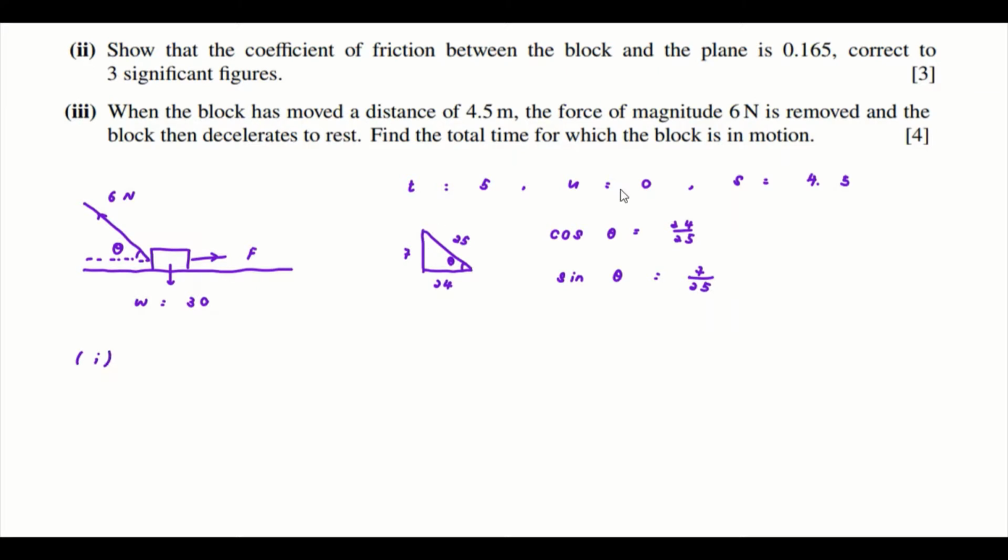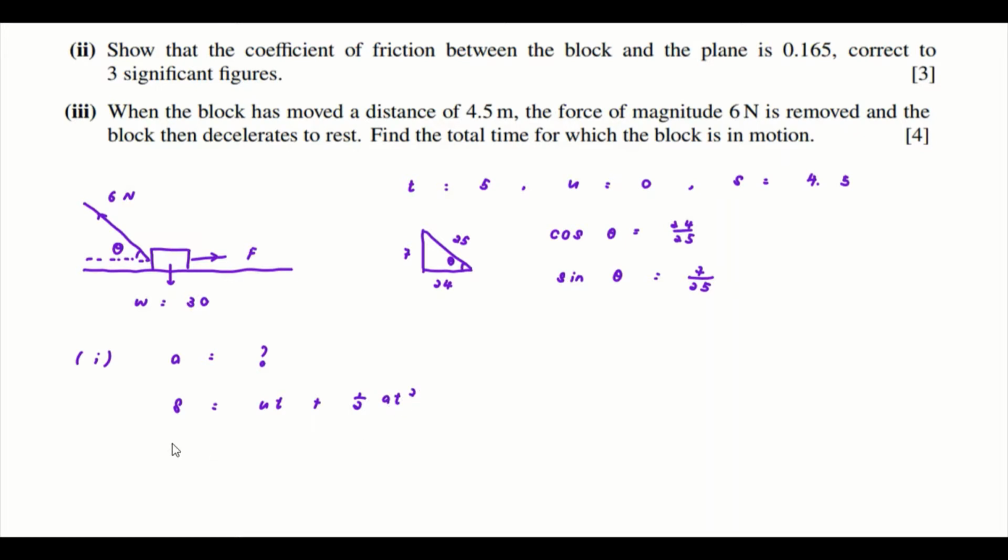Since we already wrote everything here, we are not going to repeat that anymore. Basically, we want to find our acceleration. So we can use s equal to ut plus half at square.